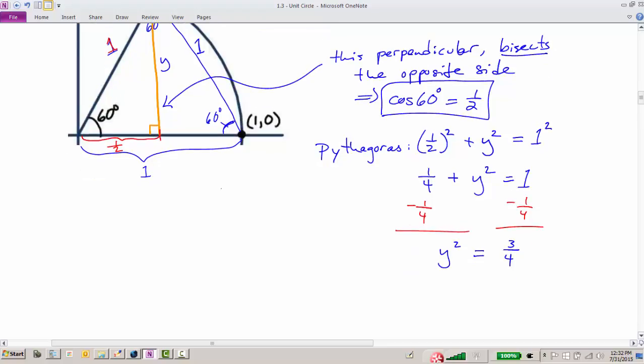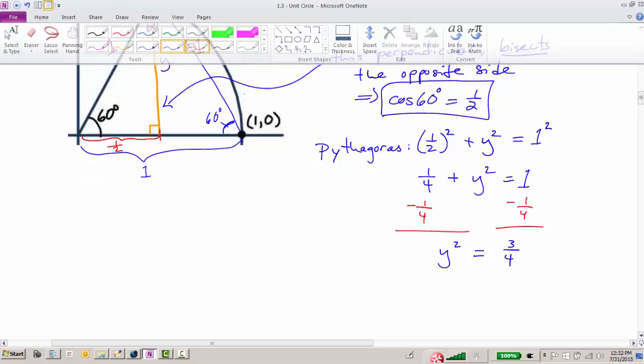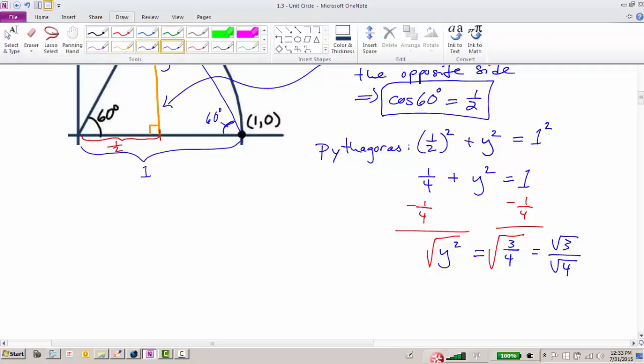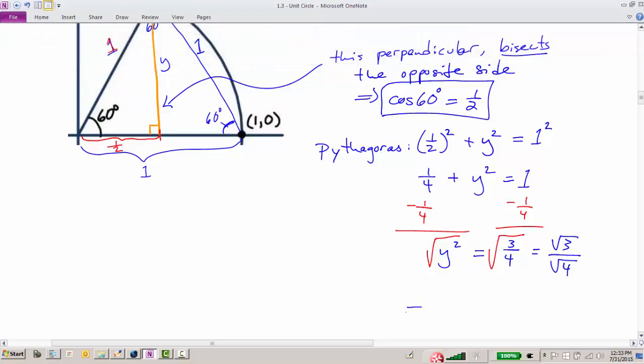And, like we saw before, since we know what y squared is, we just need to take the square root of both sides. And the square root of a fraction is equal to the fraction of the square roots, meaning this is the same as √3 over √4. And this is convenient because we know that the square root of 4 is 2. So y is equal to the square root of 3 over 2.